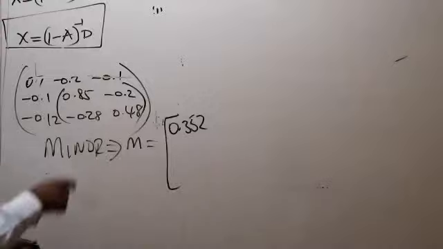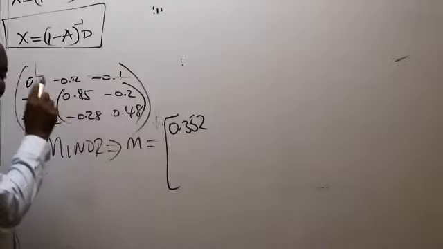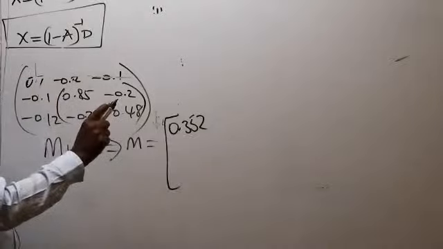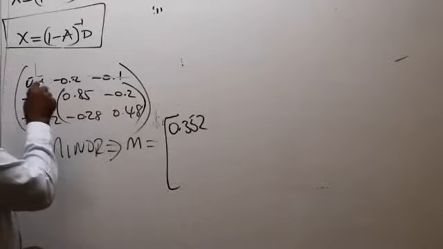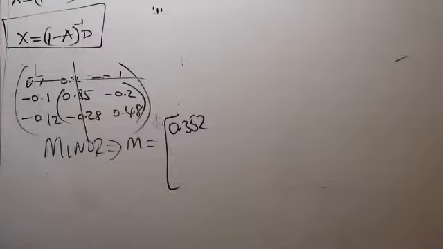Now I'm targeting the second one. The rule for getting its minor is crystal clear: cover it row-wise and column-wise.